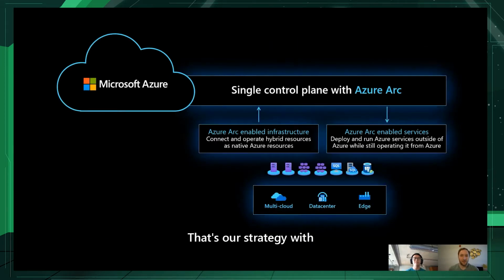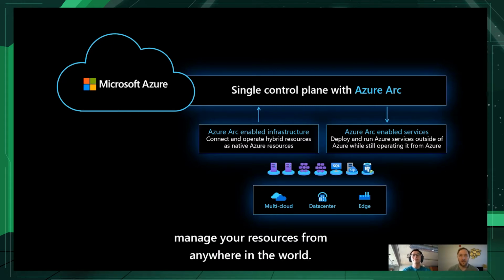And so that's our strategy with Microsoft Azure and Azure Arc in particular. We have a lot of experience building a global scale cloud with a common control plane known as Azure Resource Manager that lets you manage your resources from anywhere in the world. You just ask us to create a VM, we handle all the rest for you. But for those resources running outside of Azure, there's really no visibility into them.